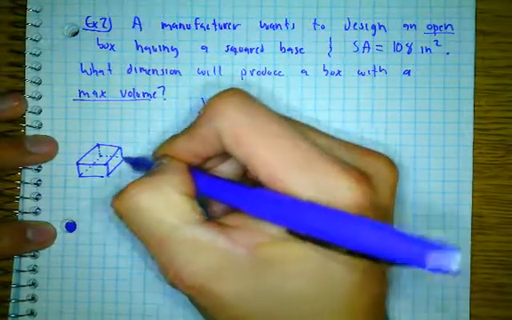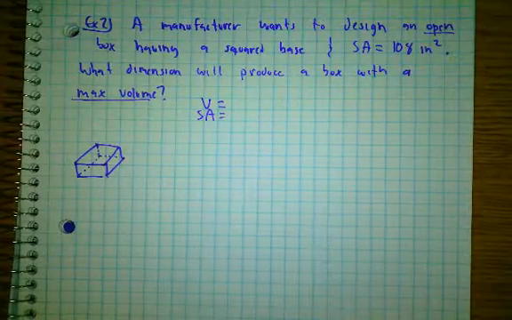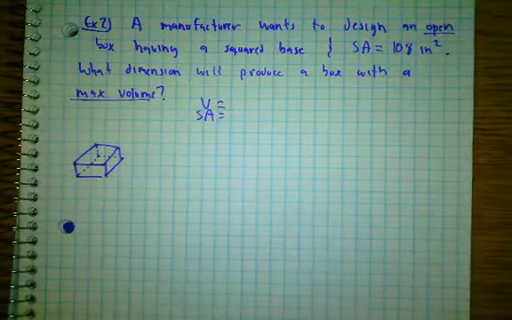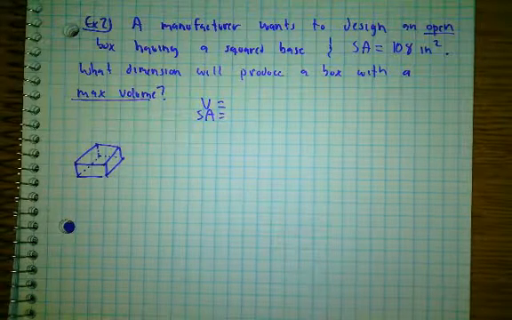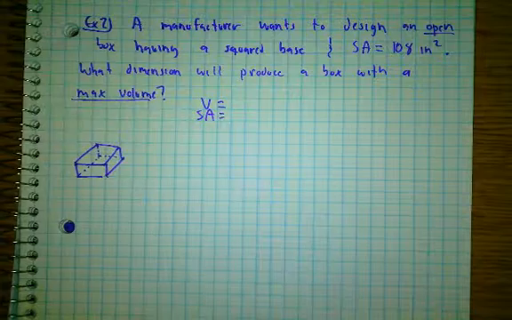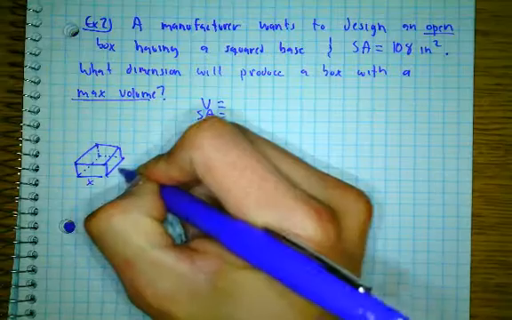Help me out here. If the base is going to be square, the dimensions have to be the same, agreed? And then that would also be x to make it a squared base. What else will we need to find out in order to find the volume of the shape?